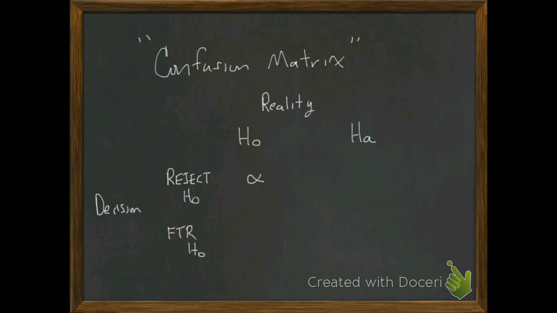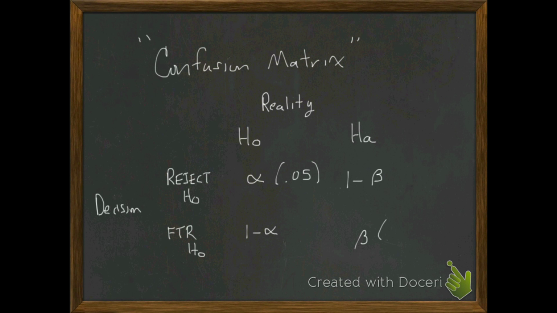Now, alpha is the probability of rejecting a true null. Beta is the probability of failing to reject a false null. Should make sense that this area is going to be 1 minus alpha, and this area is going to be 1 minus beta. Now, inserting the values for our problem, we set alpha at 0.05.